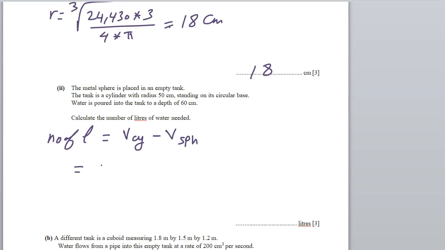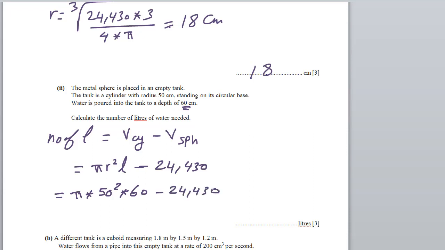So it's equal to the volume of the cylinder, which is pi r squared L, minus the volume of the sphere, 24,430. So it's equal to pi multiplied by r squared, which is 50, multiplied by the length of the water, which is 60, minus 24,430.